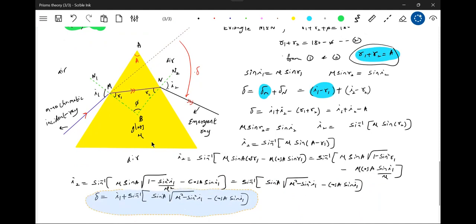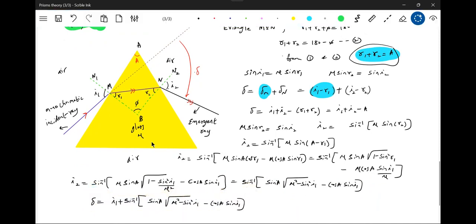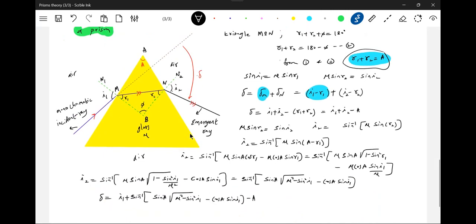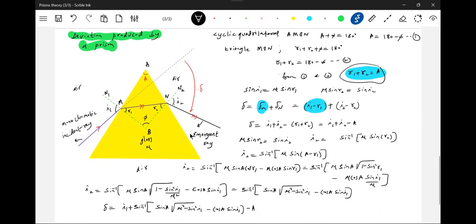Let me adjust it properly. Okay, fine. So this will be minus A. Okay, this is the expression for the deviation suffered by the incident ray due to the presence of the prism. Okay, I'm showing it completely now.